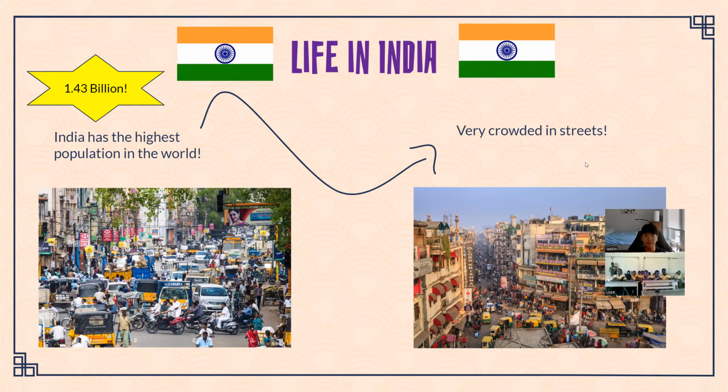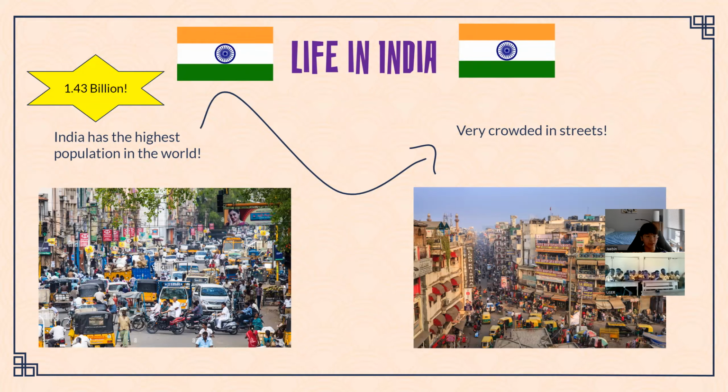And then I'd like to talk about basic life in India and just note that India has the highest population in the world, with a whopping 1.43 billion people. And you guys could see that it's very crowded. Since it has the most people in the world, it has very crowded streets.